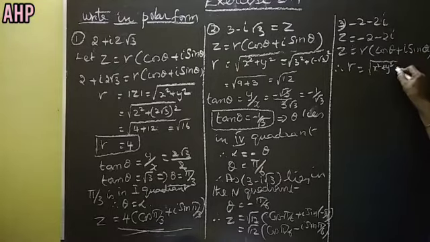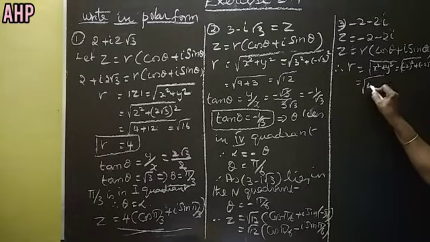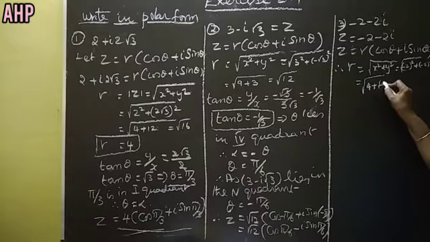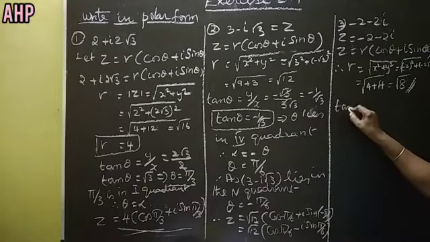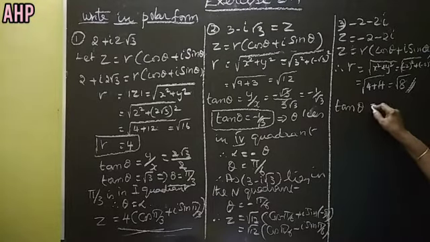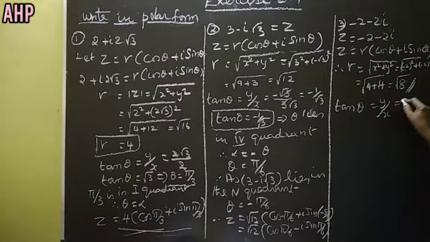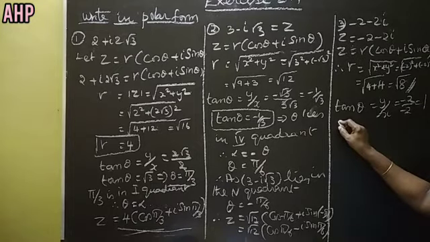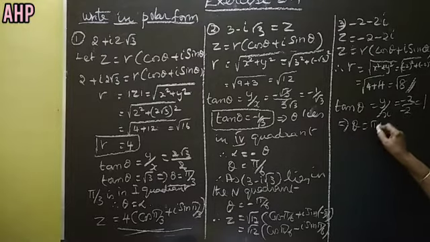This is equal to root of minus 2 square plus minus 2 square. This is equal to root 4 plus 4. This is equal to root 8. Your tan theta is equal to y by x. This is equal to minus 2 by minus 2. This is equal to 1. Now tan theta is equal to 1 implies alpha is equal to pi by 4.